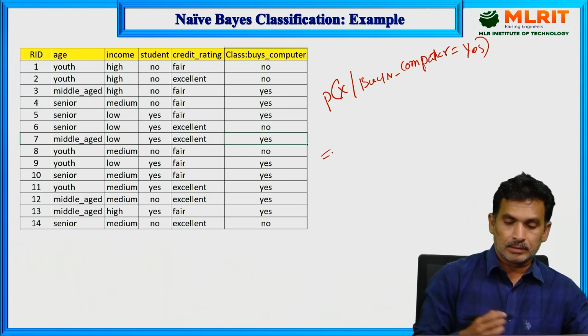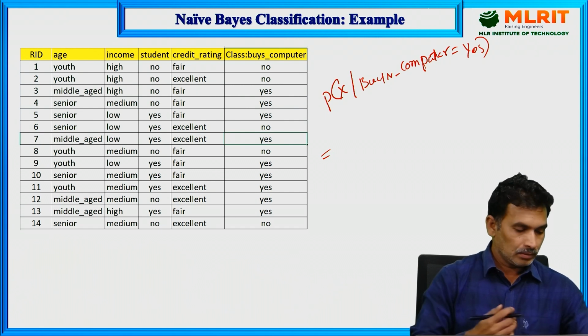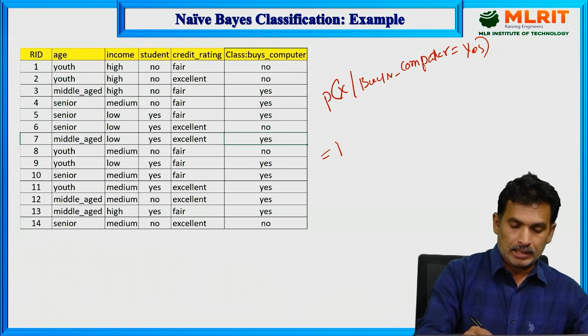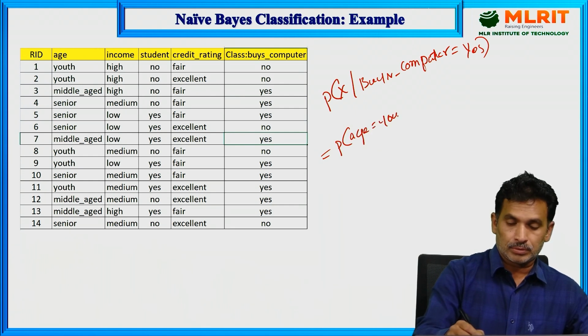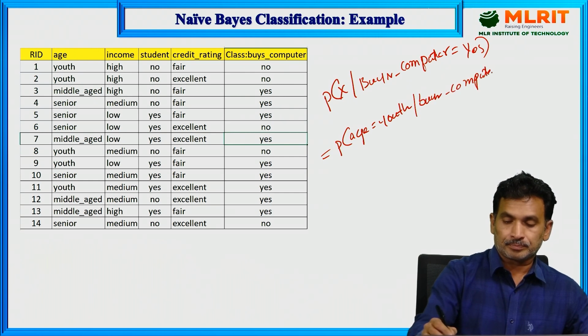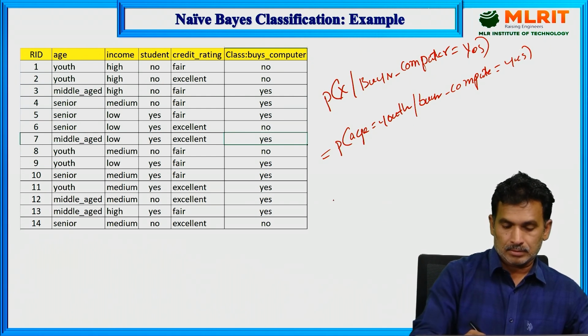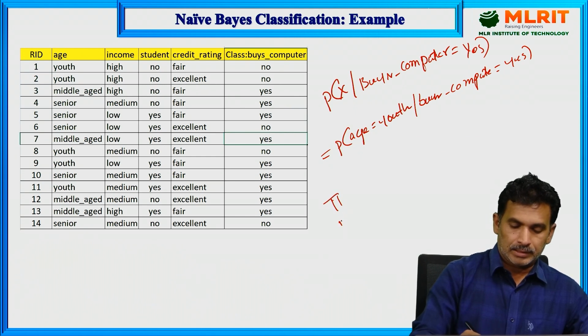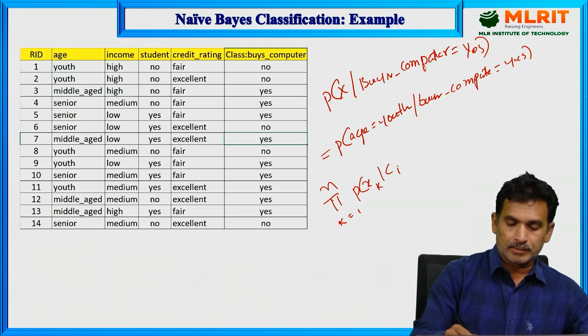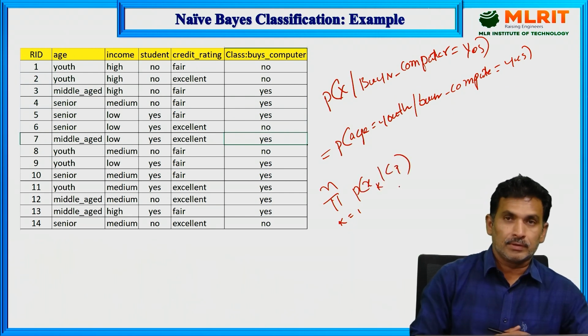As per the formula, if you would expand this, it would be written as probability of age equal to youth given Bayes computer equal to yes. Okay, like the formula, product k equal to 1 to n of P of xk given Ci. So we are going to use this formula to calculate this.